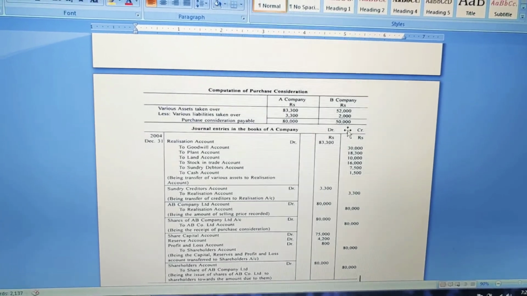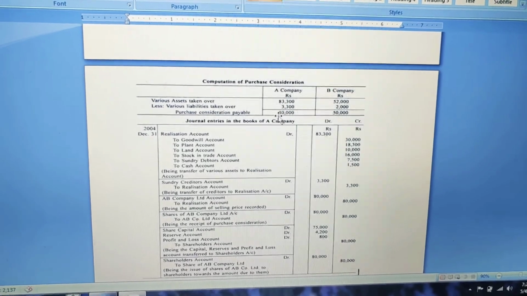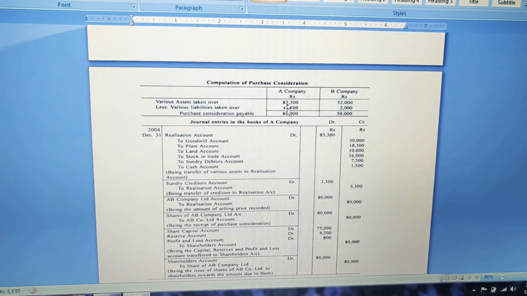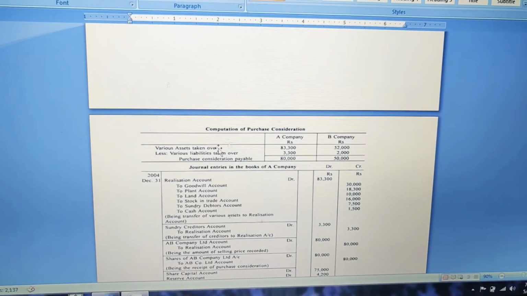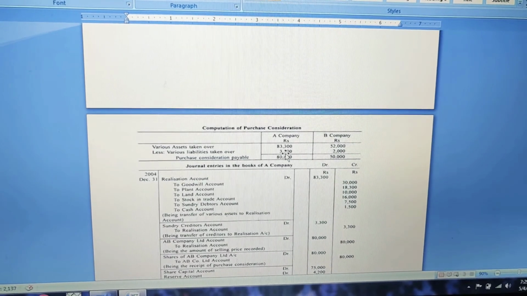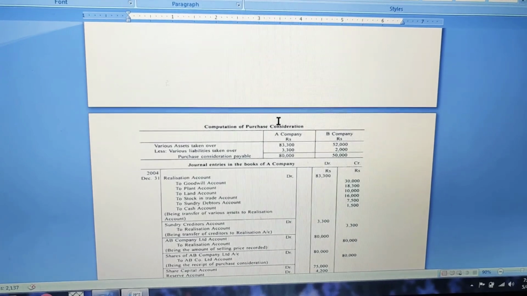Just remember the 80,000 amount, and I will show you how you can calculate this 80,000 amount from your realization account as well. Since they are taking it on book value, you can calculate your purchase consideration from the realization account as well.